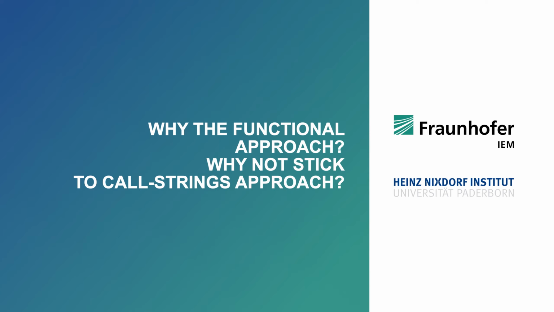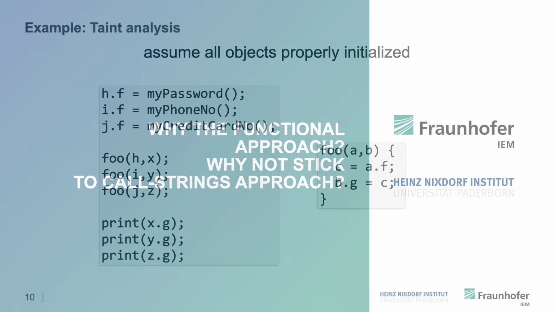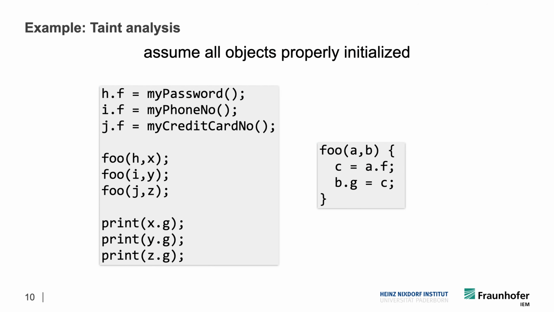So if you remember, at the end of the previous lecture, I already showed you this example here, where we were basically assuming that we have a taint analysis that is tracking all of these three different sources here. So all of these three values, h.f, i.f, and j.f, they're actually all containing tainted data that needs to be tracked through the program, all right?